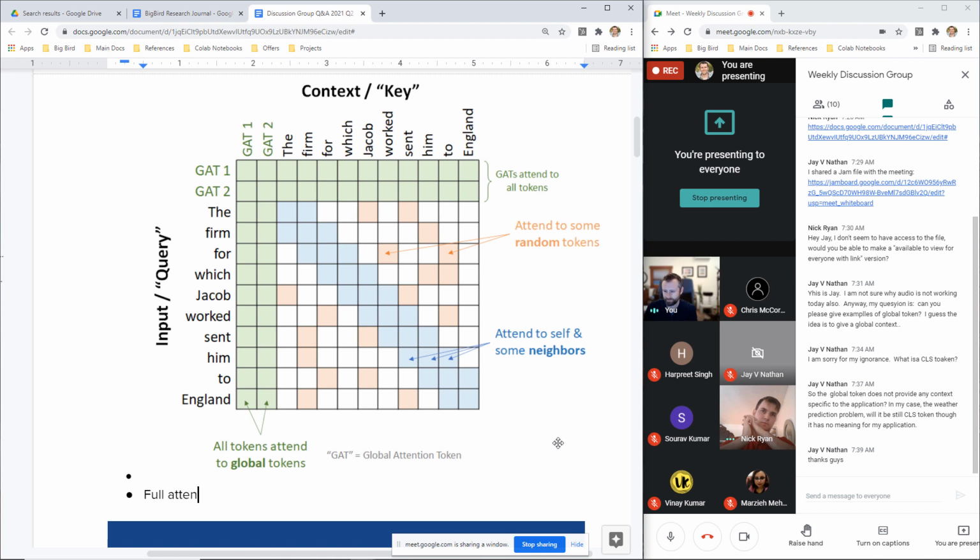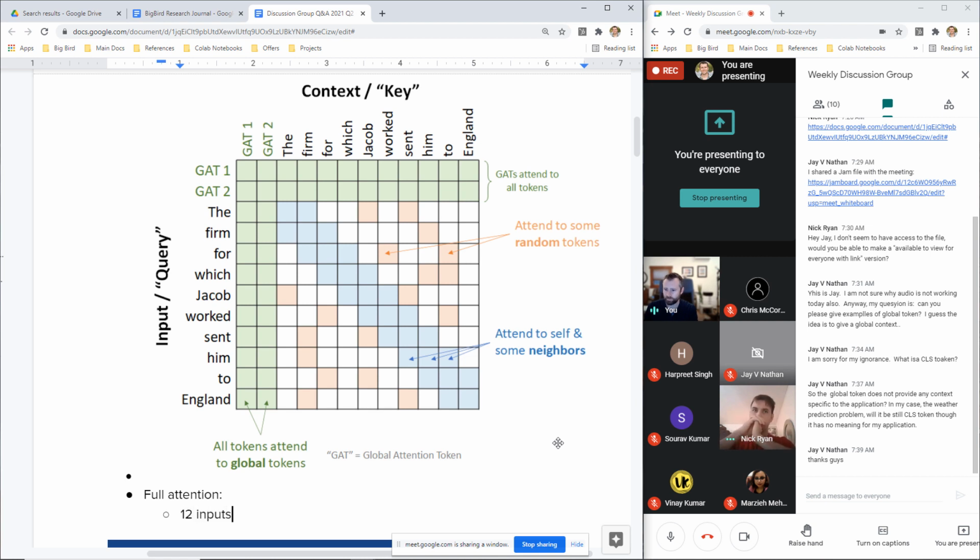Full attention for this example means 12 inputs times 12 context equals 144 attention scores. If instead each token attends to, let's say, 6 tokens, then it's 12 inputs times 6 context equals 72 attention scores.